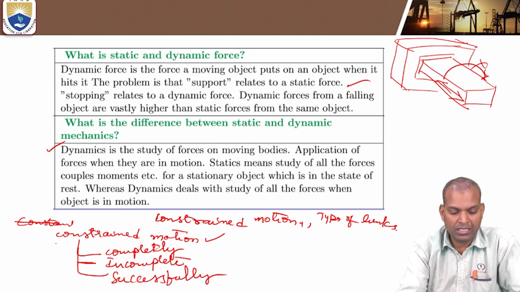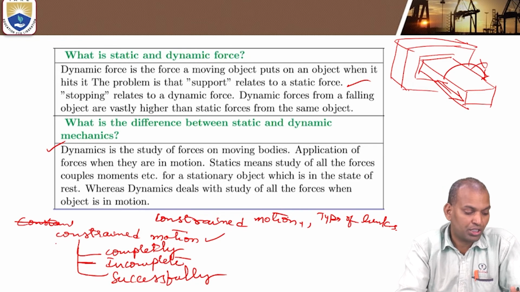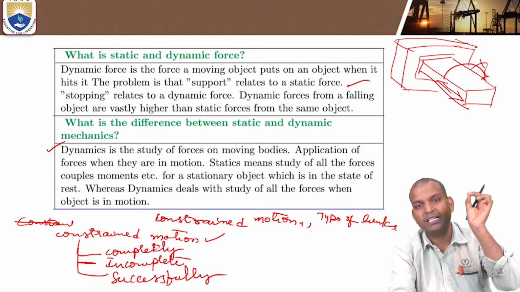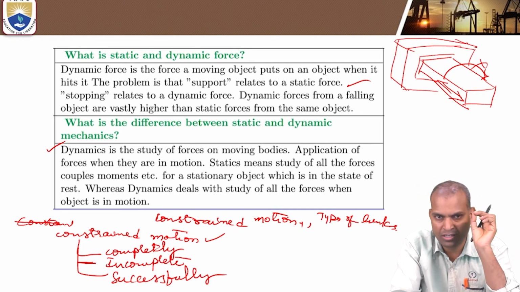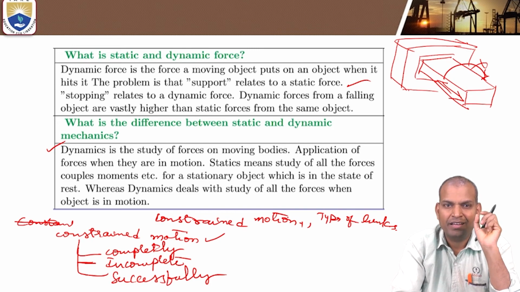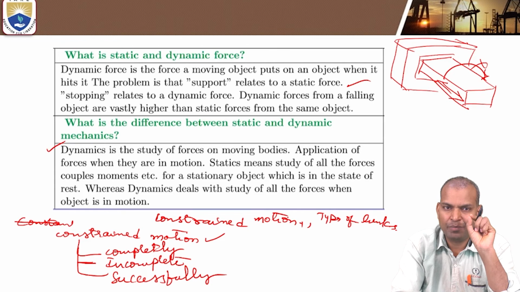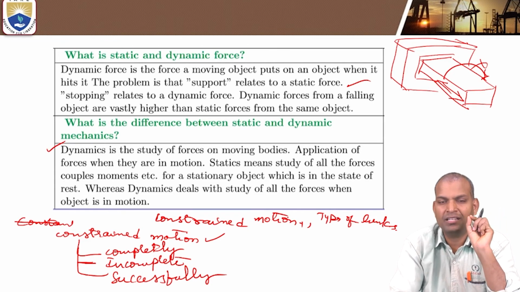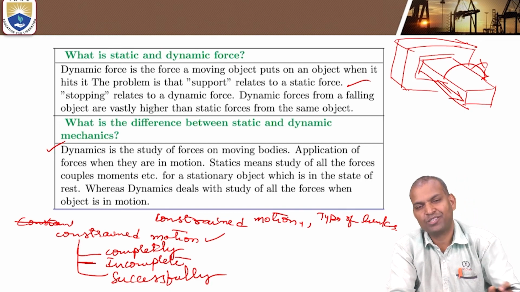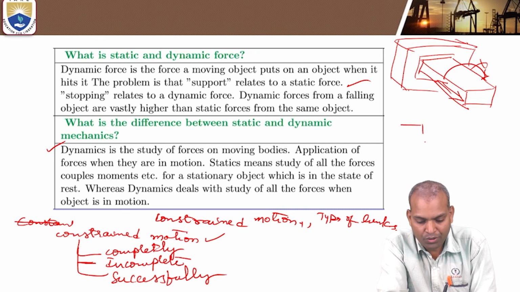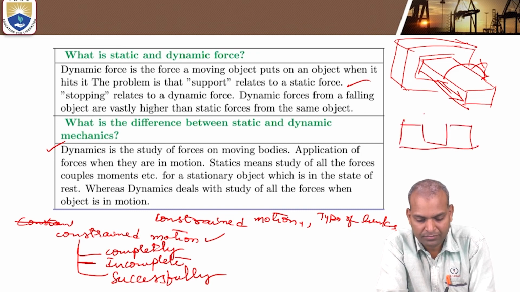What is successfully constrained motion? When the system is moving with incomplete constrained motion, and by applying an external load it becomes completely constrained motion, then it is known as successfully constrained motion. What is the meaning? Suppose there is a footstep bearing.